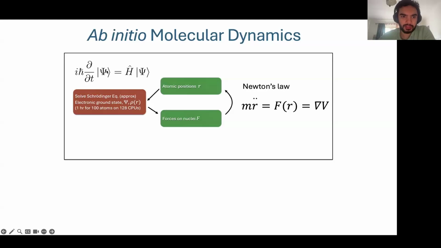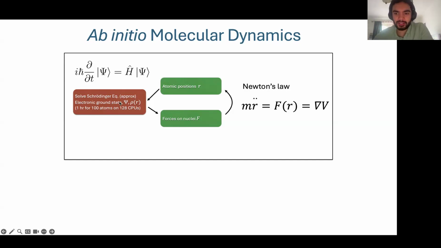And the solutions of that are these wave functions. And these are very high dimensional objects. And depending on the approximations you do on this H here, this can be extremely expensive to compute this full solution.